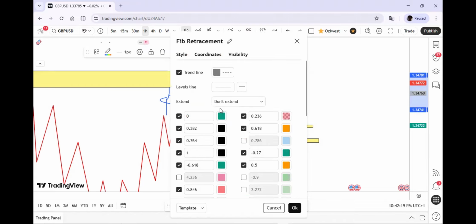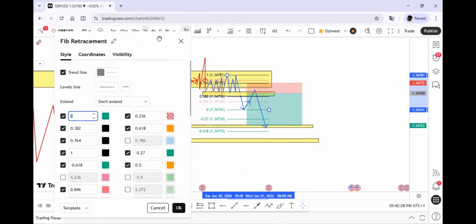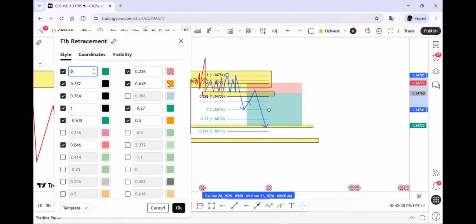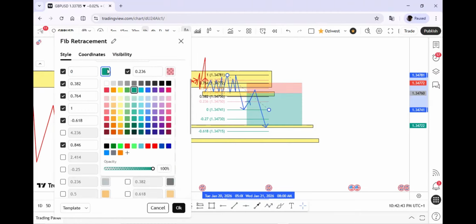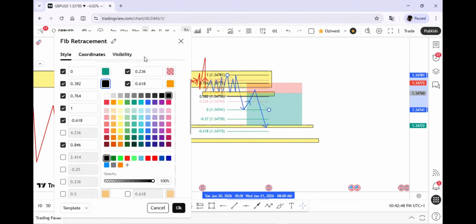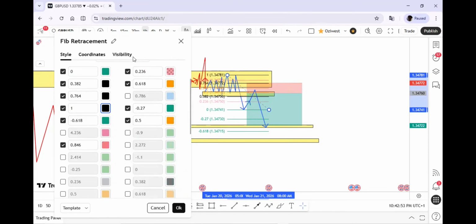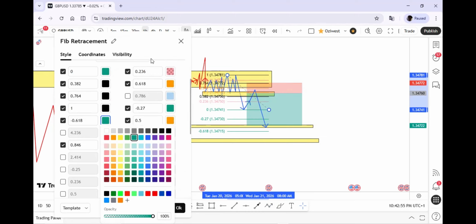For those of you that are asking, you can pause the video and set your Fibonacci like this. These are the colors: green, this one black, black, black, same green color.